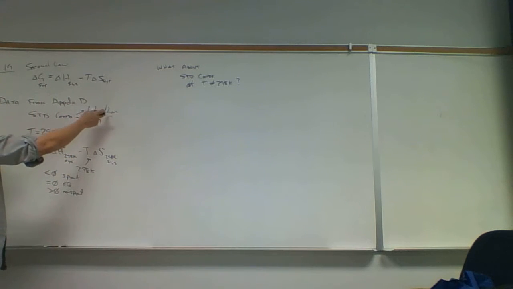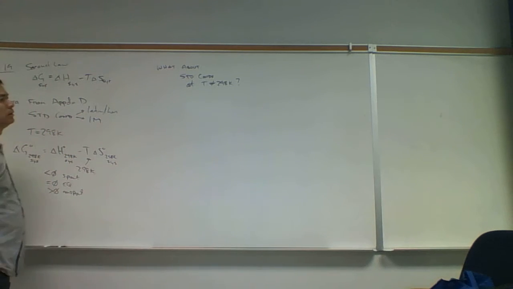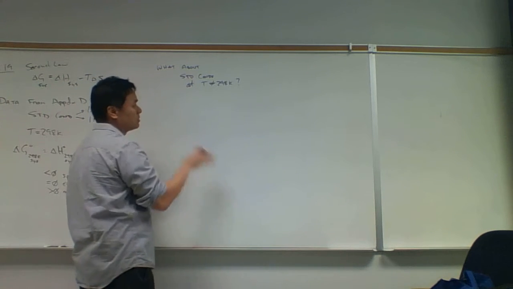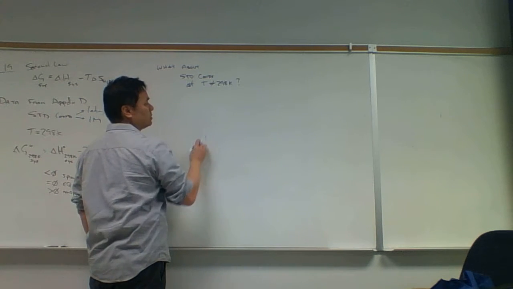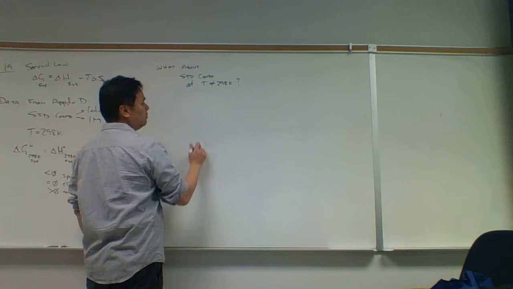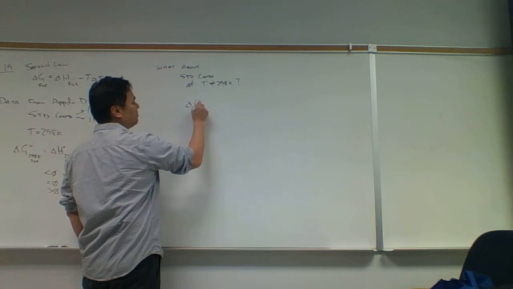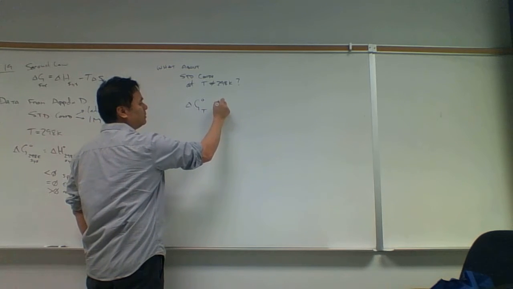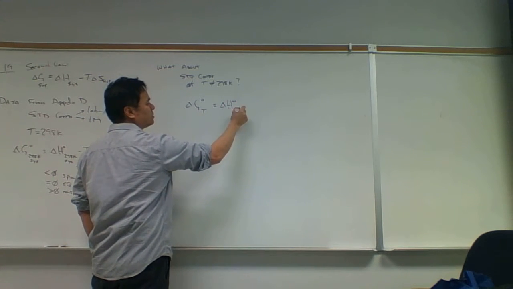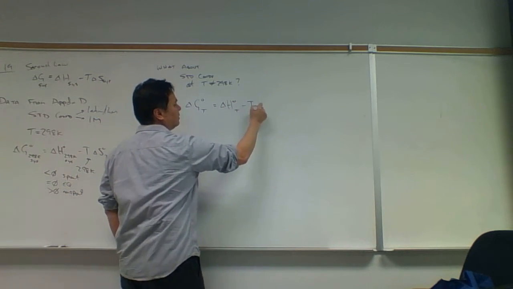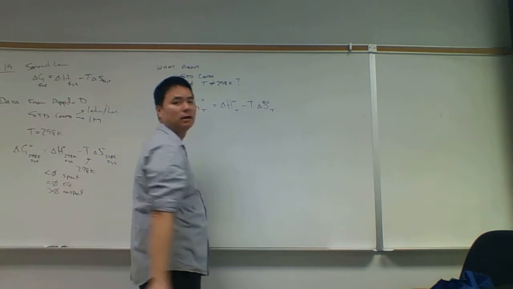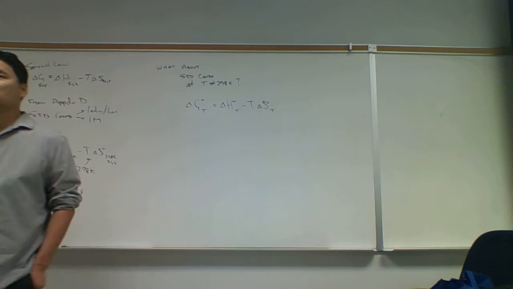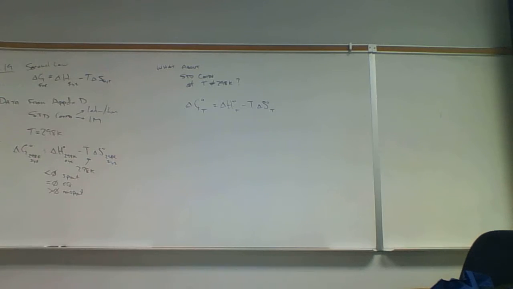We'll leave it at 1 atmosphere or 1 bar and 1 molar, so the concentrations and pressures are the same. We just want to increase or decrease the temperature. Then we have delta G naught standard at temperature T, which is equal to delta H naught standard at temperature T minus T delta S naught at temperature T.